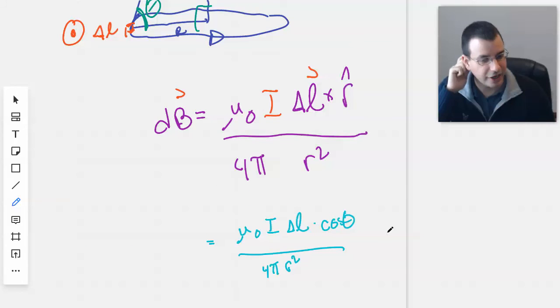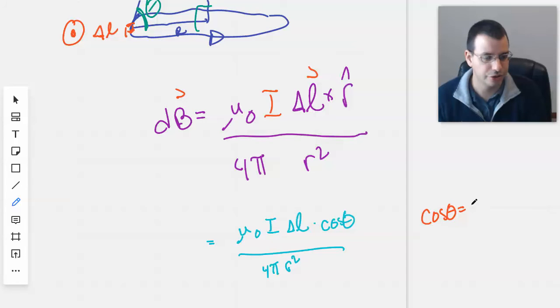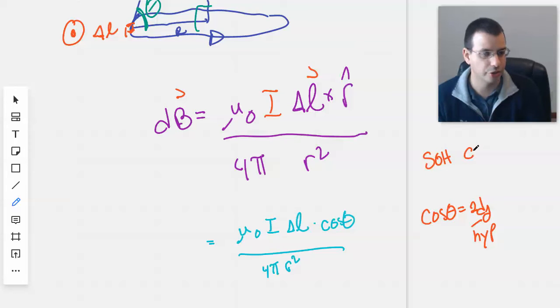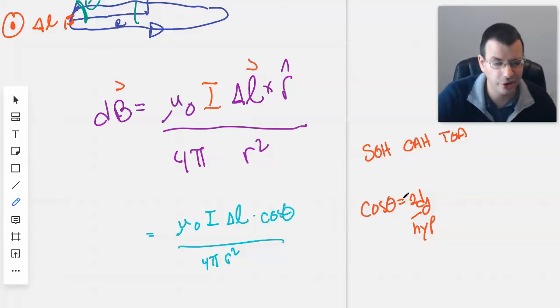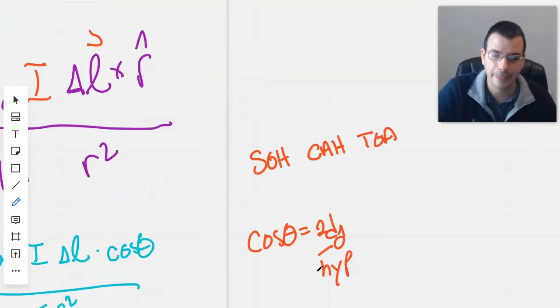And now we need to find cosine theta. So cosine theta equals, as we said earlier, adjacent over hypotenuse. And that comes from SOHCAHTOA, which you should have learned many years ago.